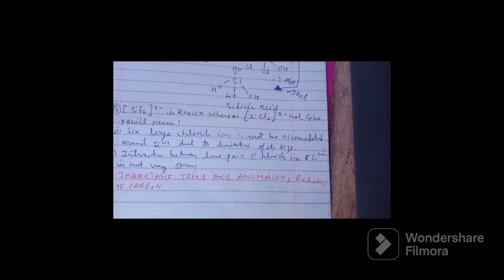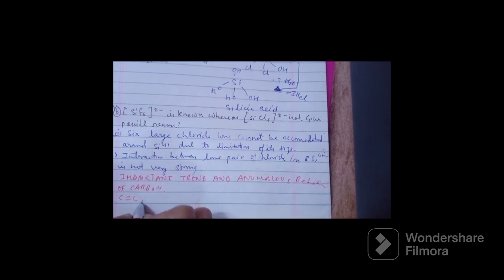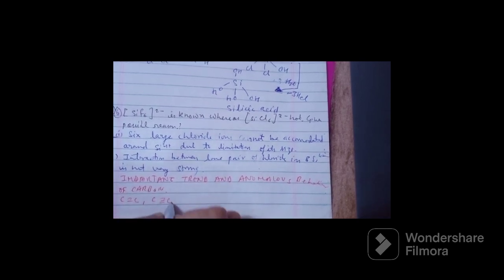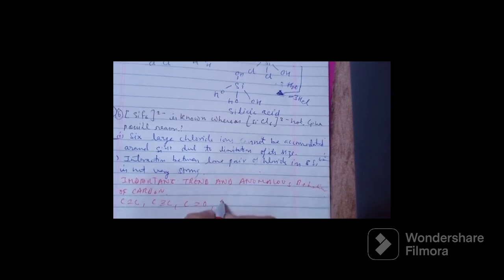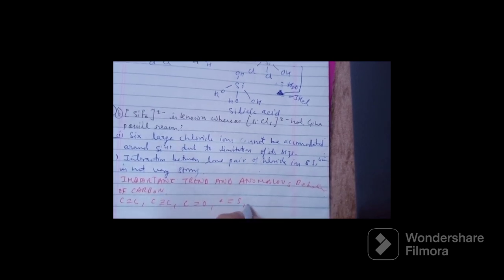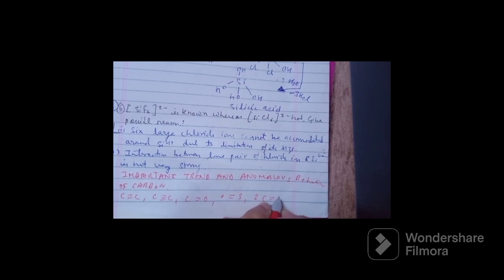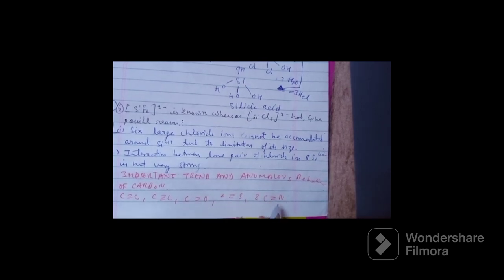Examples of multiple bonding are carbon double bond carbon, carbon triple bond carbon, carbon double bond oxygen, carbon double bond sulfur, carbon double bond nitrogen, and triple bond. Heavier elements do not form p-pi bonds because their atomic orbitals are too large and diffuse to have effective overlap.